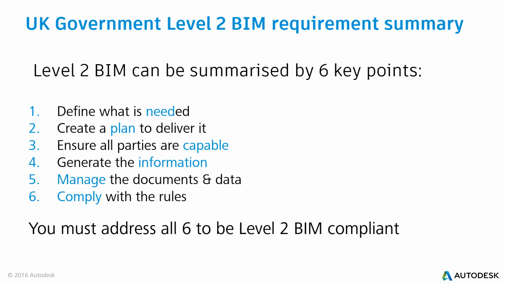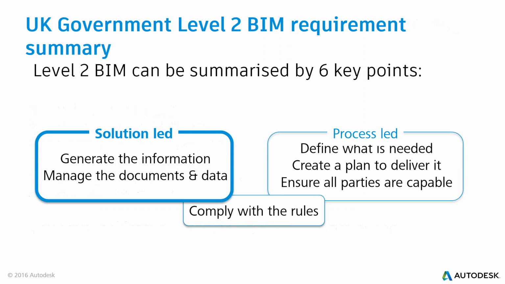There's also lots of other documentation needed as well. How do you manage that documentation and data? And then how do you comply with the rules? To do a BIM Level 2 project, you need to comply with all of those steps. So you need EIRs, you need BIM execution plans, you need to be able to make sure that you comply with this. So this is how we approach BIM Level 2.